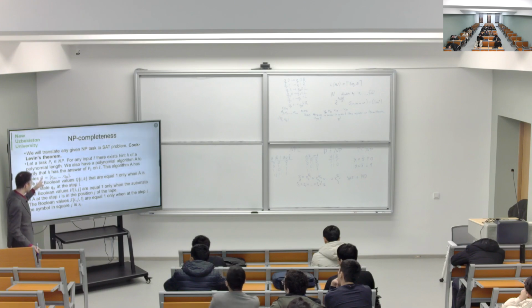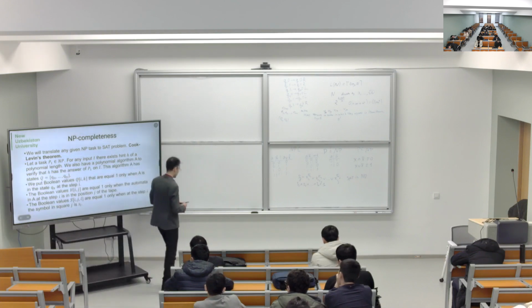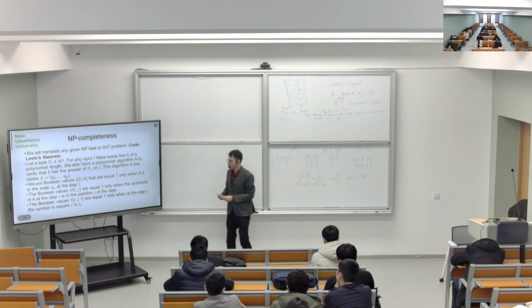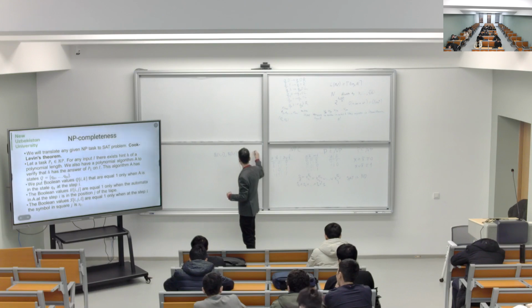We put Boolean values Q_ik that are equal to 1 only when A is in the state Q_k at step i. So what do we have? We have Q_i1, Q_i2, etc., Q_im, Q_i0.